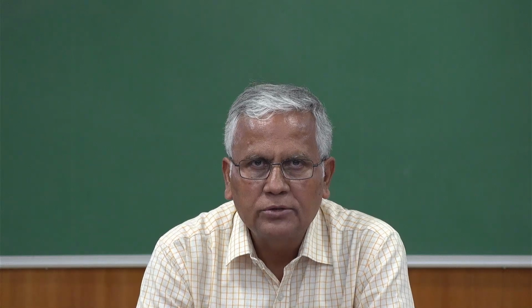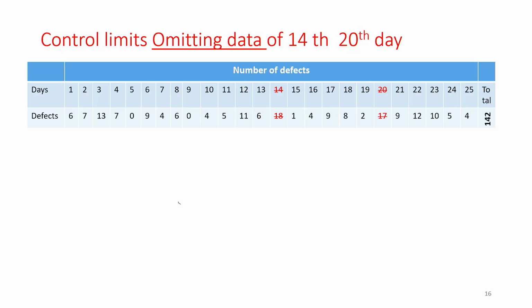Now, because on the 14th and 20th day the defective garments are more in number, 18 and 17, what we will do now is remove this data and then recalculate the warning limits and the action limits.